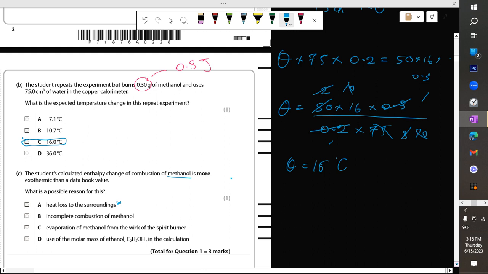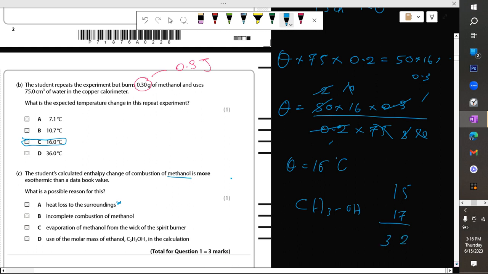Use of molar mass of ethanol C2H5OH in the calculation. Now, this is a major mistake, right? Because in methanol CH3OH, 12 plus 3 plus 16 plus 1, 15 plus 17, molecular mass is 32.